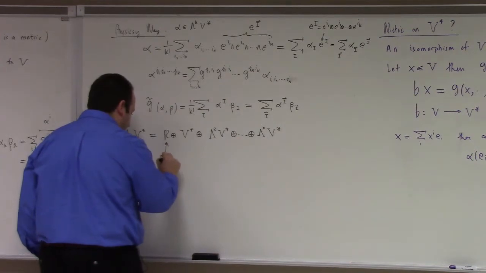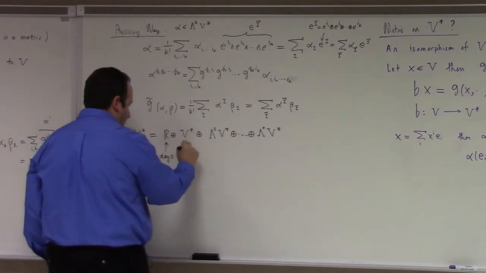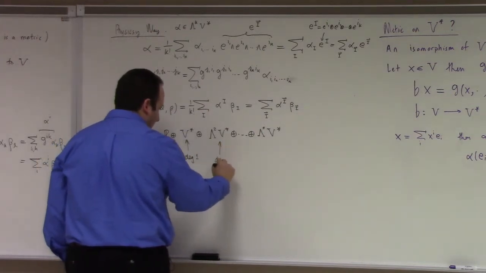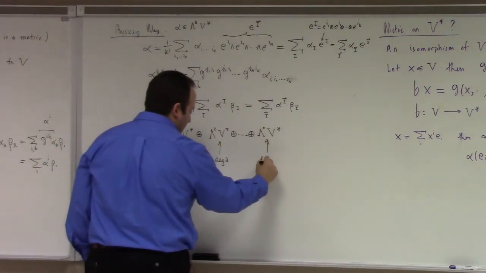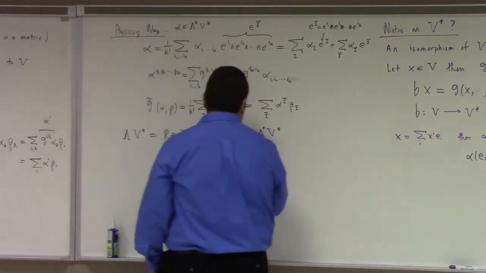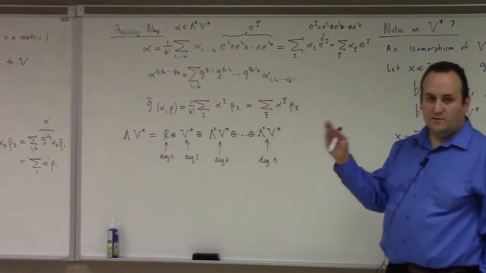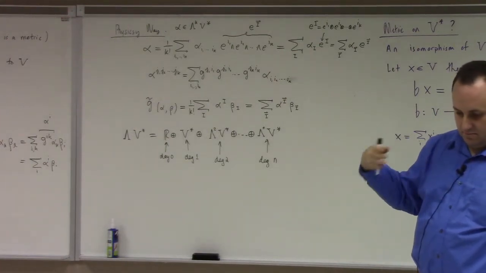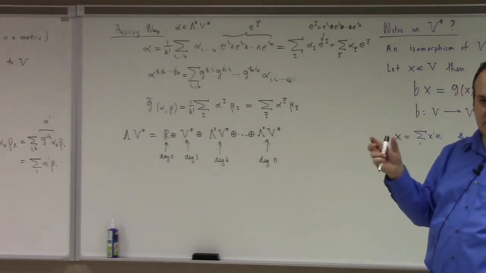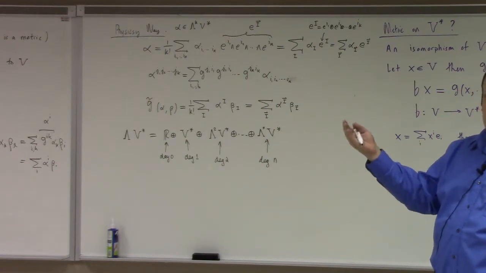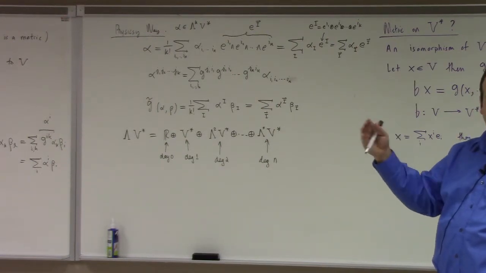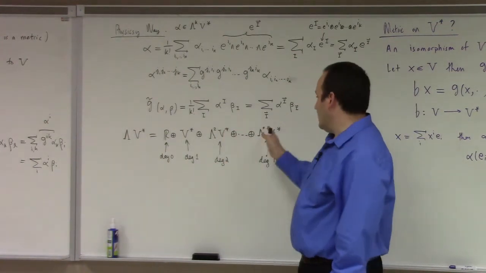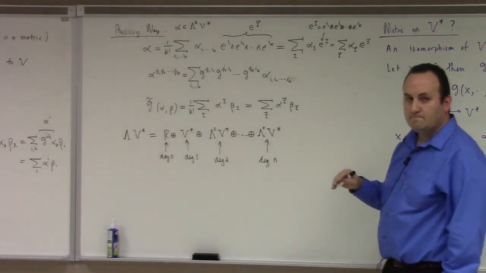This is degree 0. This has degree 1. This has degree 2. This has degree n. So let's say degree is the number of dual vectors that appear in, if it's a homogeneous element, it has definite degree. The degree is just the number of dual vectors it takes to wedge together to make the object. So a 2 form has degree 2, an n form has degree n, right?